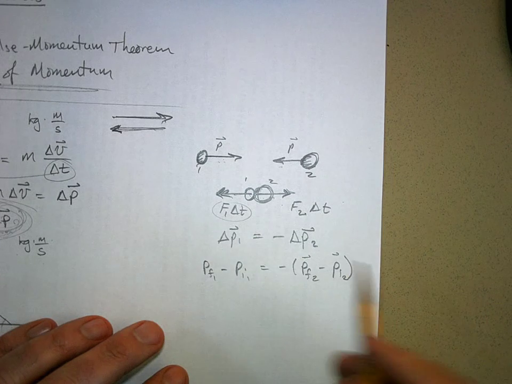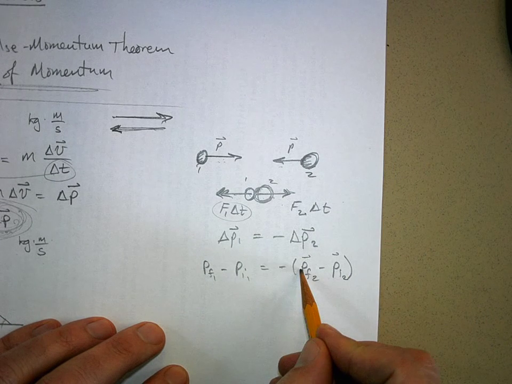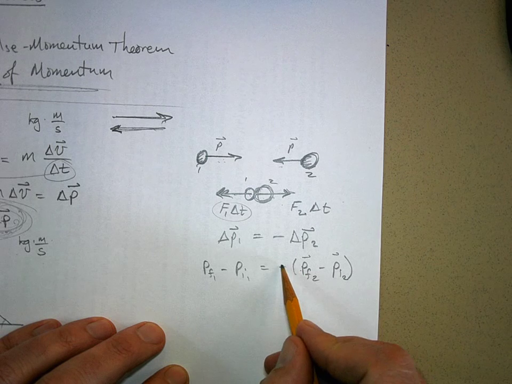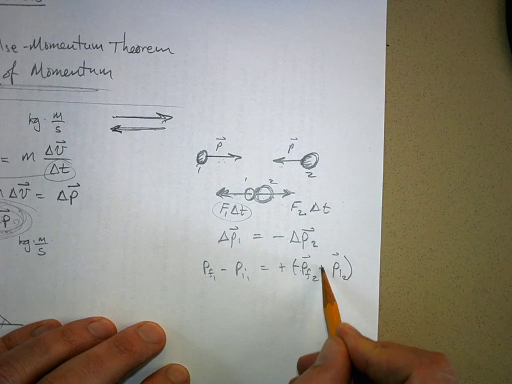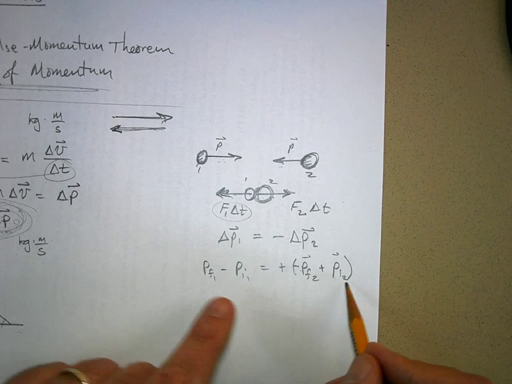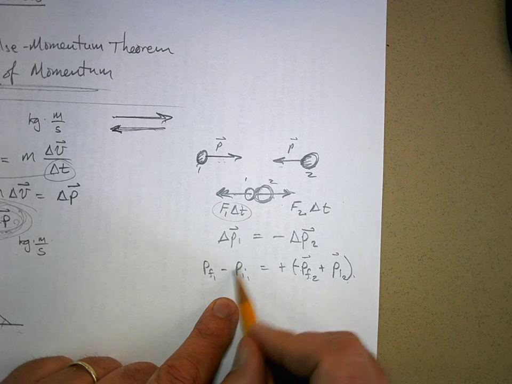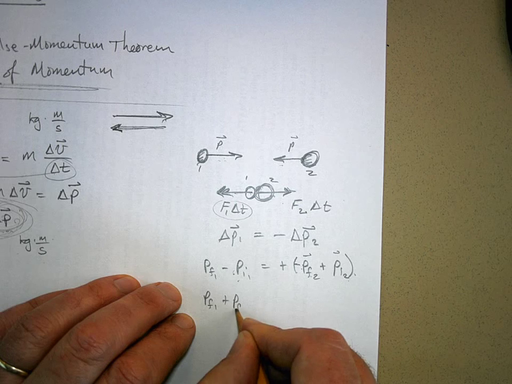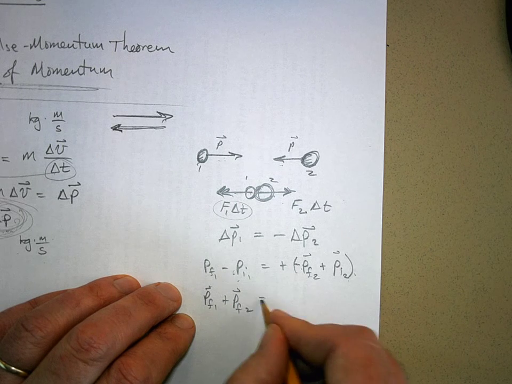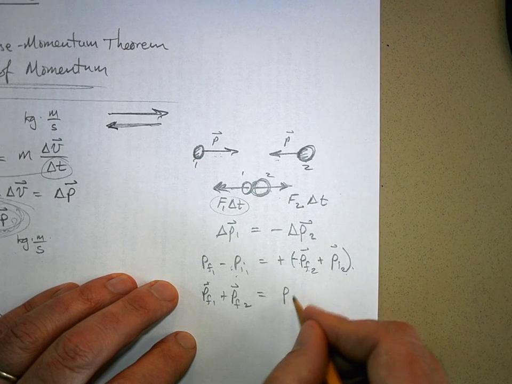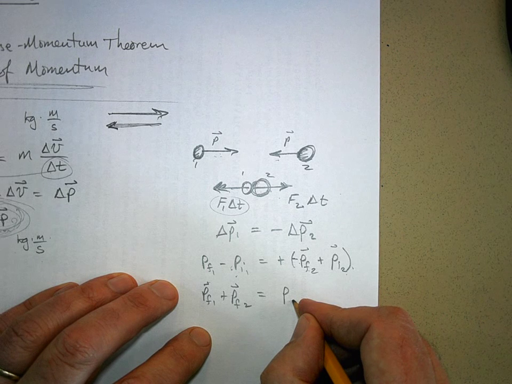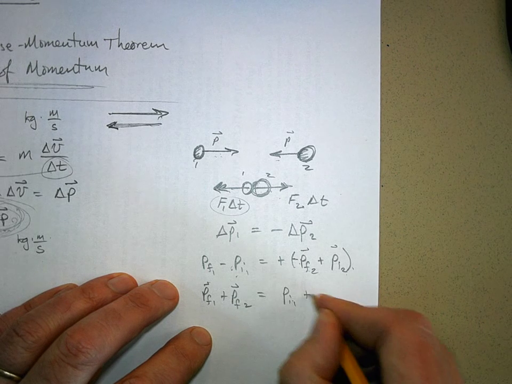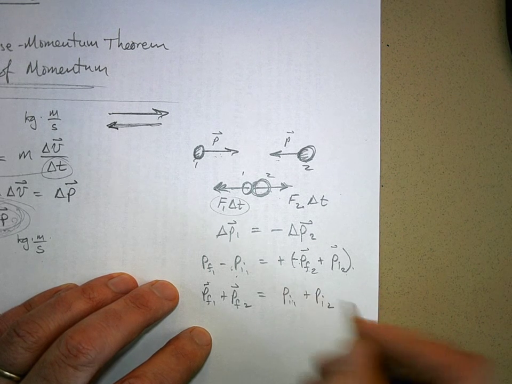And then we put this negative in here, which makes this a negative and this a positive. Then I'm going to put the initial momentum over here and add this final momentum over here, and we get P final 1 plus P final 2 is equal to P initial 1 plus P initial 2.